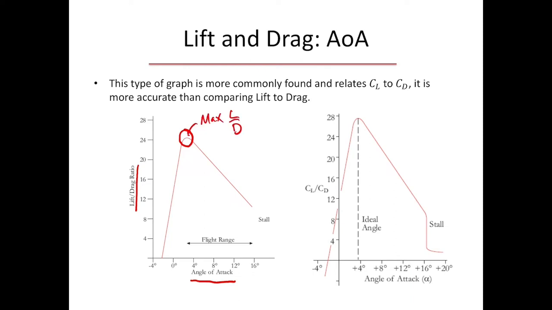And that typically happens somewhere between 3 and 4 degrees angle of attack. So you often find that the aircraft will cruise at 3-4 degrees angle of attack.